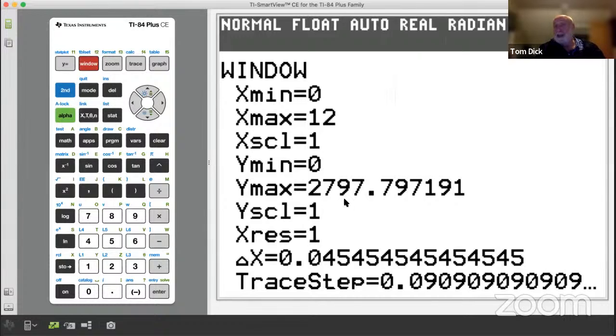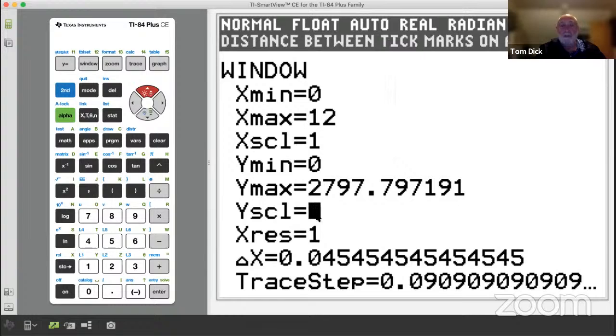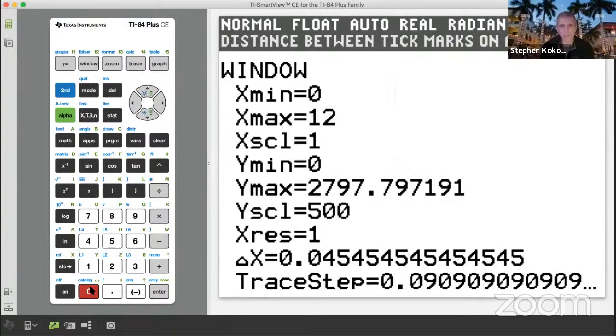And it did a nice job. But if it's going from 0 to 2,797 and it's putting a tick mark every unit, that's just going to be solid tick marks. That's what's happened. So we could change that Y scale to something like, say, 500. Okay. Now it's going to put a tick mark every 500 units.